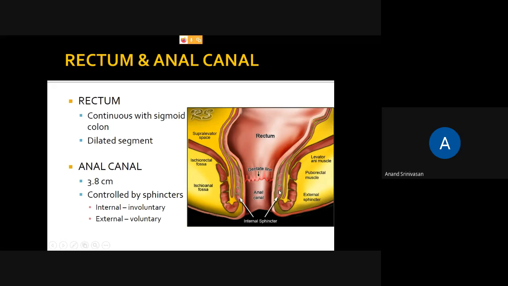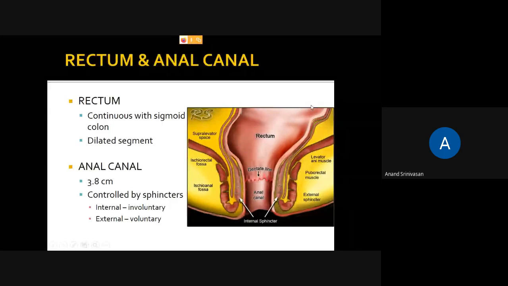You can see the internal sphincter and the external sphincter. The internal sphincter is involuntary. Involuntary means we cannot control it. Whereas the external sphincter is voluntary.